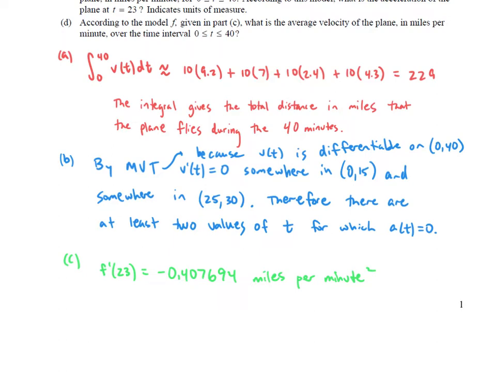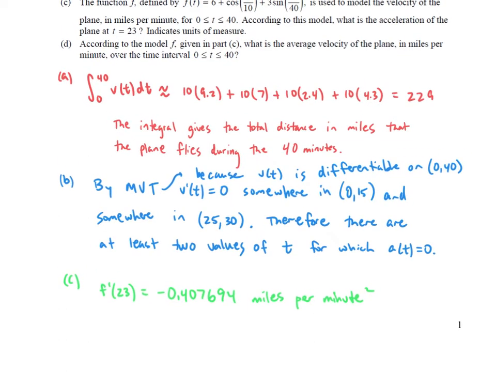It's pretty straightforward. For B, it says according to the model F, what is the average velocity? We're actually going to talk more about averages later in this particular chapter, but this is something you learned last year. The average velocity is a formula. It's 1 divided by the length of the interval, which in this case is 0 to 40, so it's just 40, of the integral from 0 to 40 of velocity.